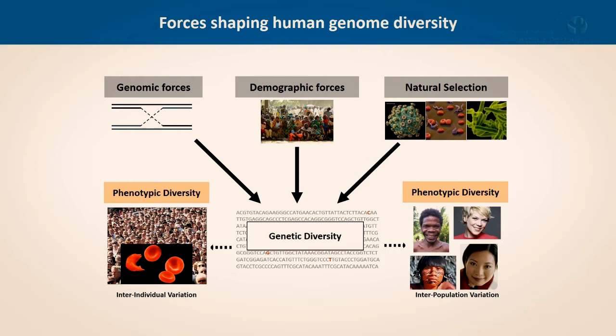And we also have natural selection, that is, some mutations that will help us to better survive and reproduce in a given environment. All these forces, genomic, demographic, and selective, influence the patterns of diversity of the human genome, which in turn can influence phenotypic diversity, both within populations and between different human populations.